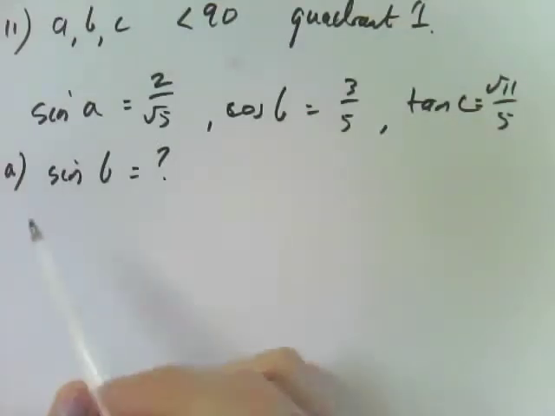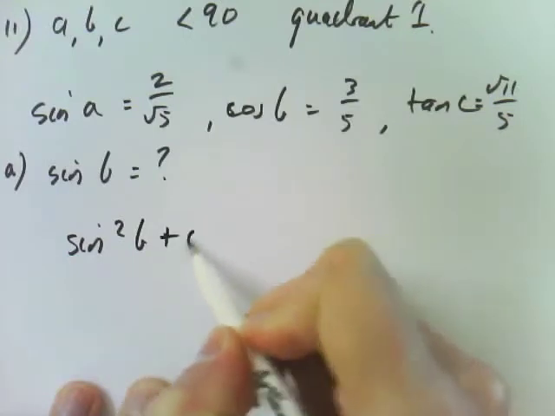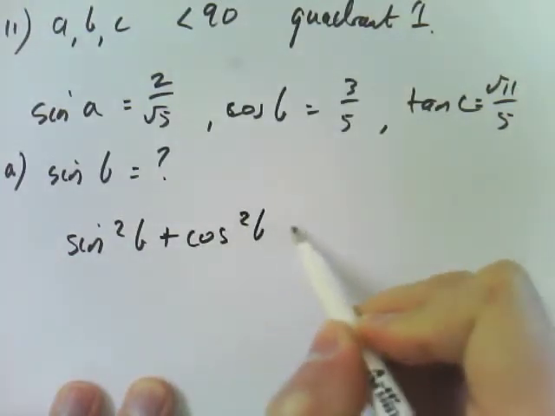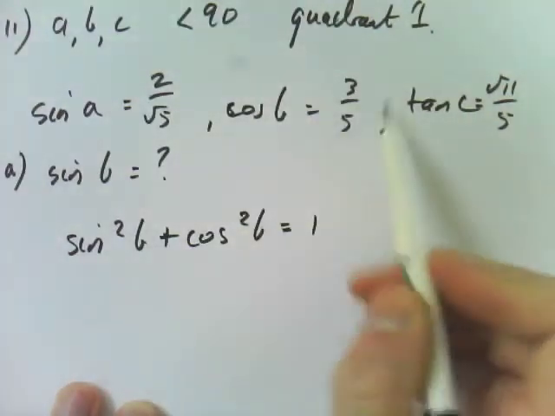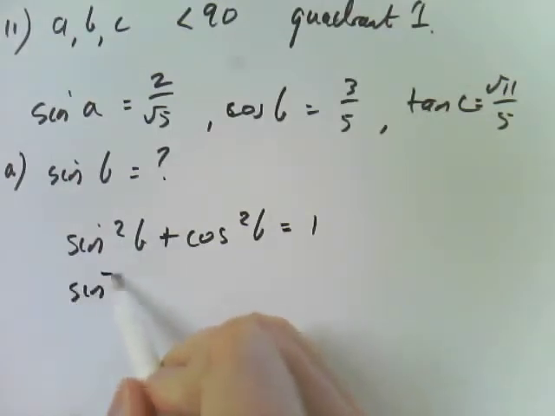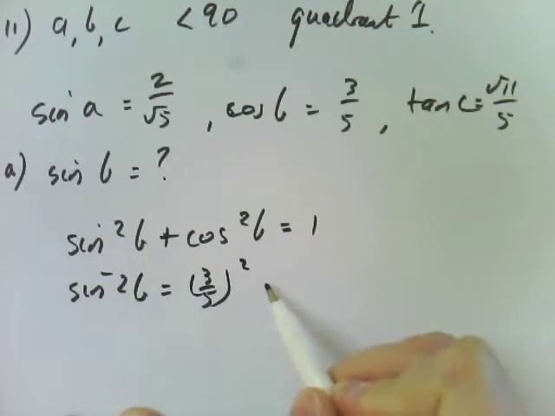So you say, sine squared B plus cos squared B equals 1. Now cos squared B is actually this squared, so it's 3 on 5 squared. So sine squared B plus 3 on 5 squared equals 1.